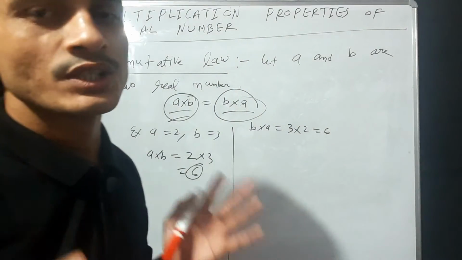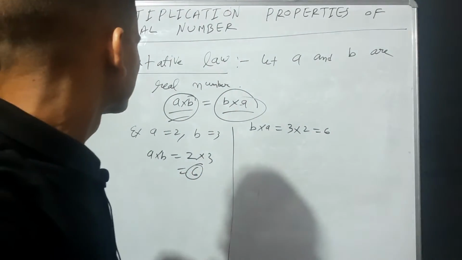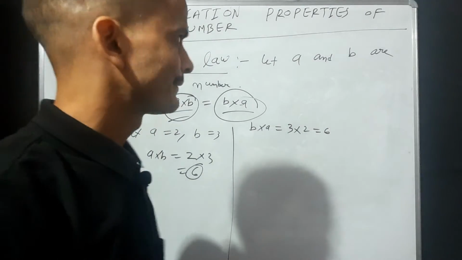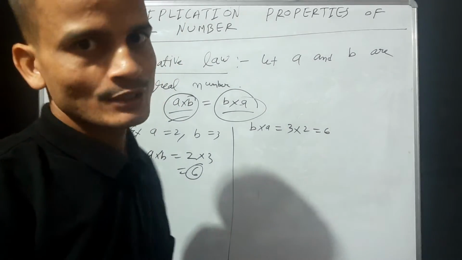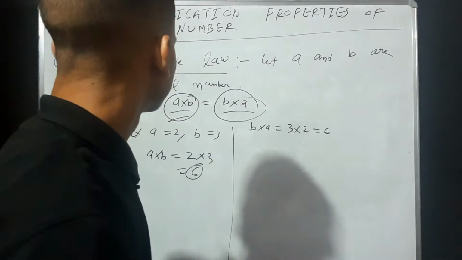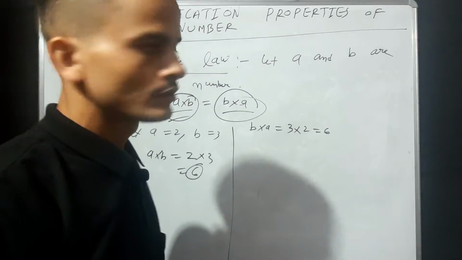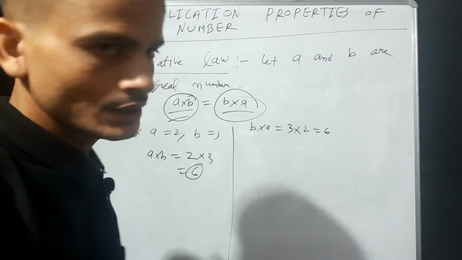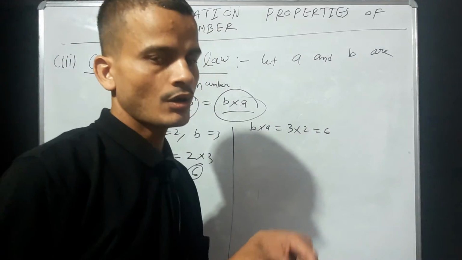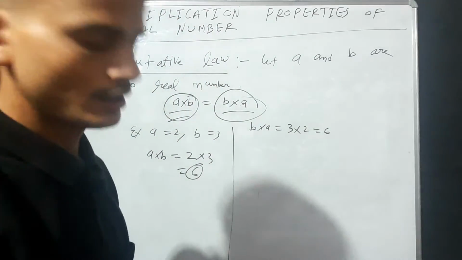We get the same result. So we can say that multiplication of real numbers follows the commutative law. This is the third property of multiplication of real numbers.